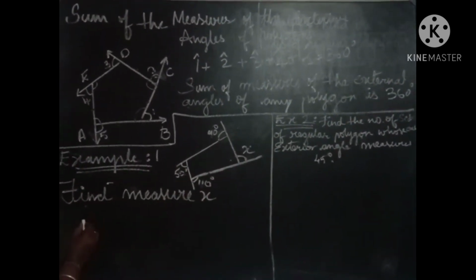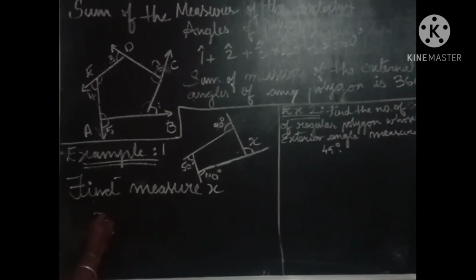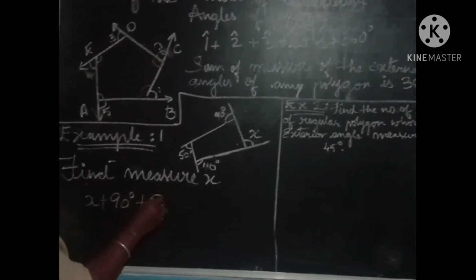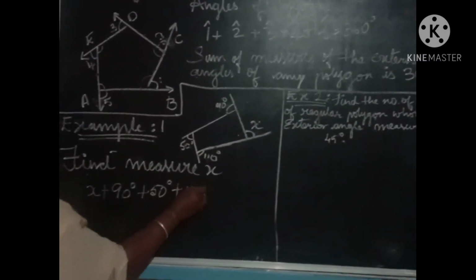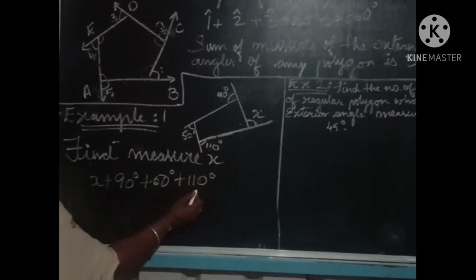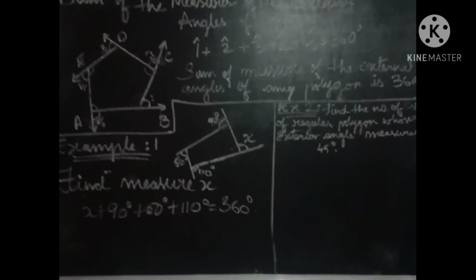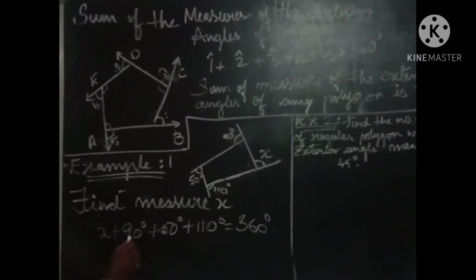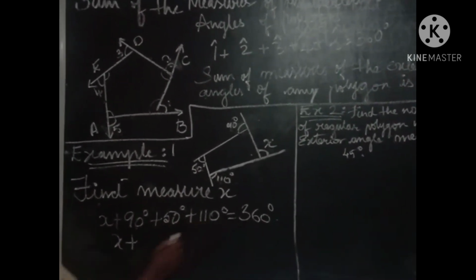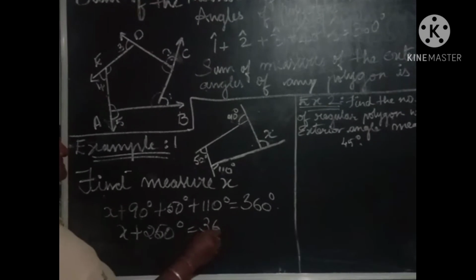So the sum of the exterior angles, that is x plus 90 plus 50 plus 110. Understood, children? x plus 90 plus 50 plus 110 is equal to how much? 360 degrees. Now 90 plus 50 is 140. 140 plus 110 is nothing but what? 250 degrees. So x plus 250 is equal to 360 degrees.